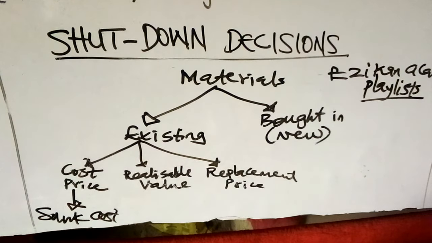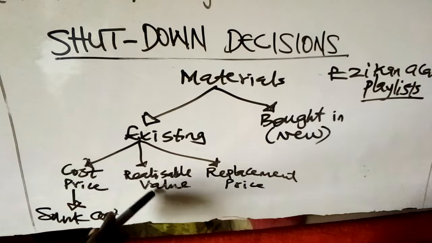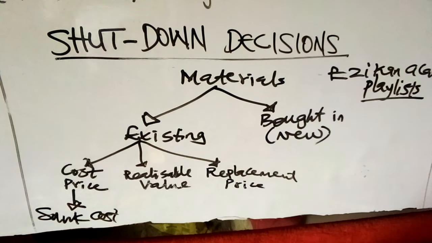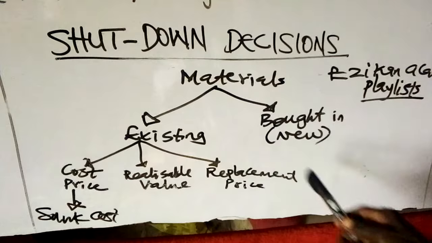Where the materials are in short supply, the only way the proposal can be undertaken will be by foregoing another segment of the organization. Maybe another department or another product.